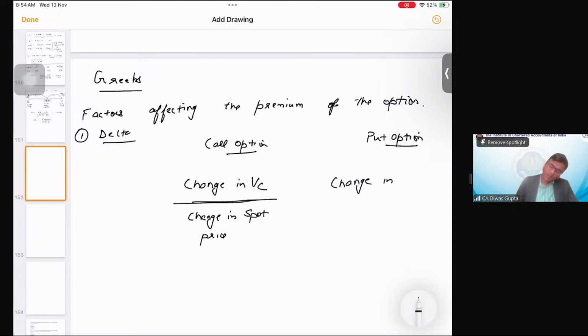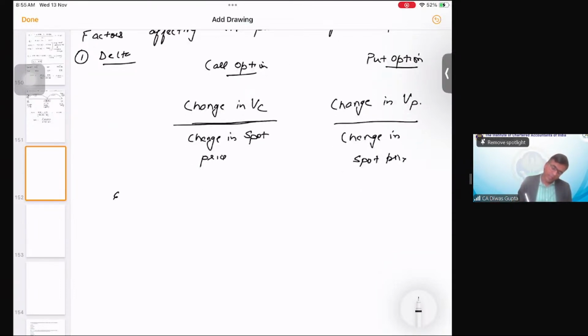Change in value of put option divided by change in spot price. So the extent of change is actually given by delta, students. Clear?